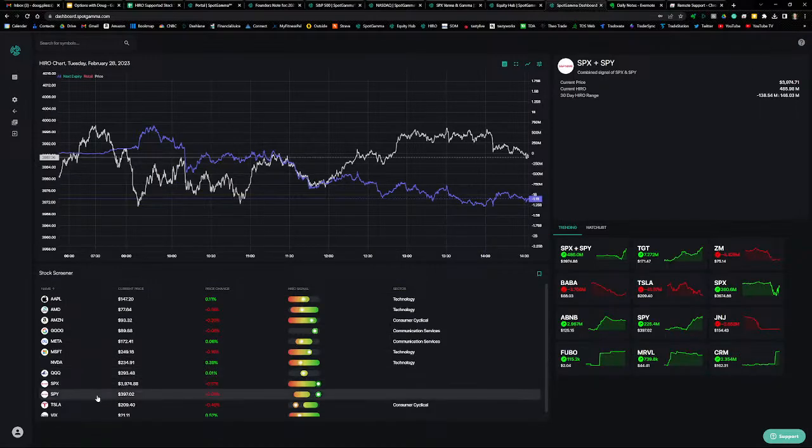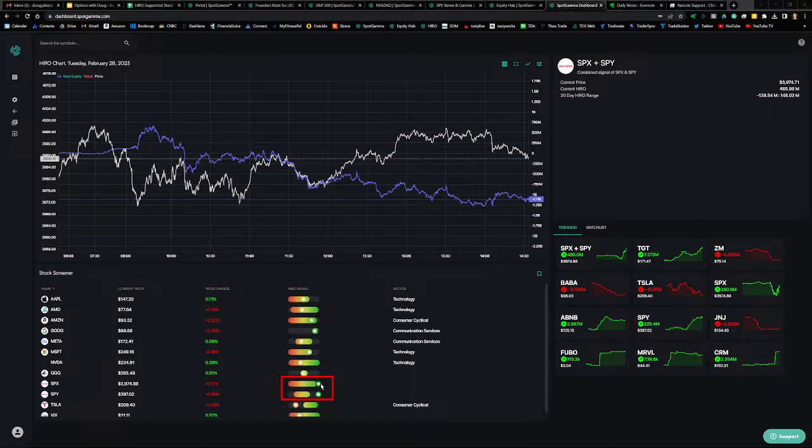So let's just take a quick look at that. And notice also that the hero signal is both strong for SPX and SPY, and we've looked at a few days ago that SPX was in one end of the range and SPY was at the other end of the range. All right, so that's SPX plus SPY, and we can see that it is trending down.